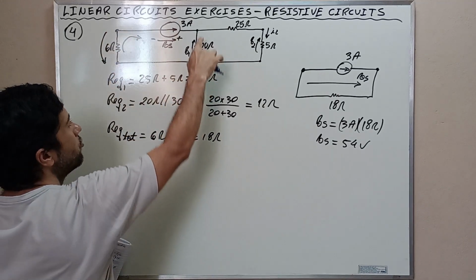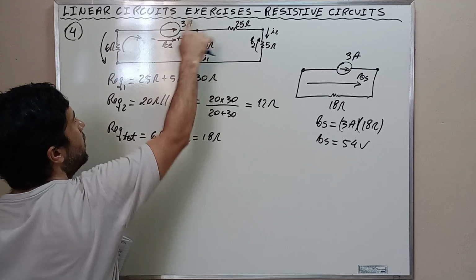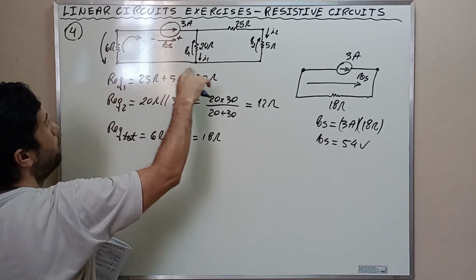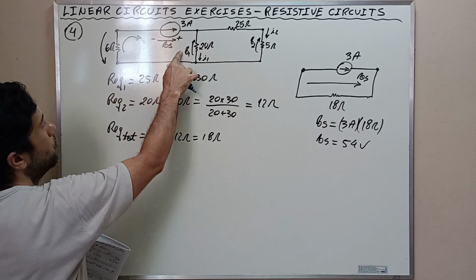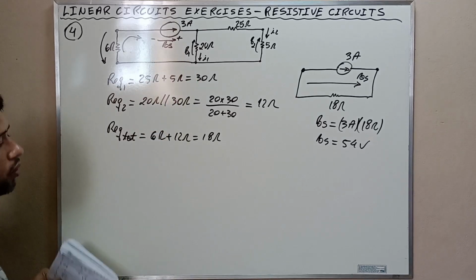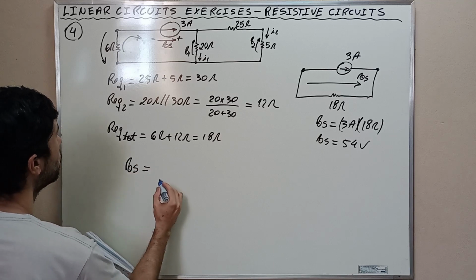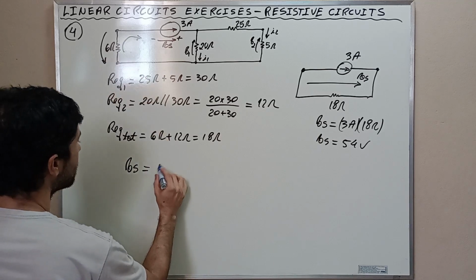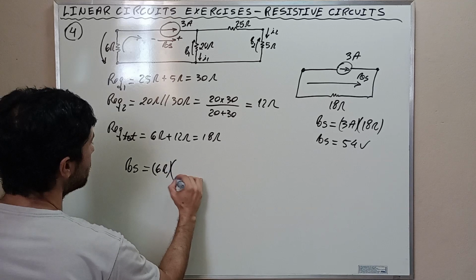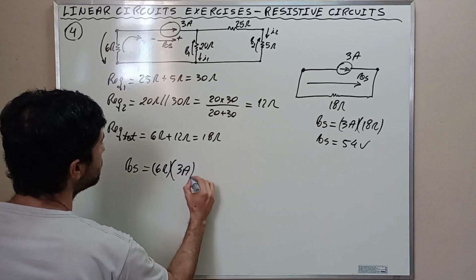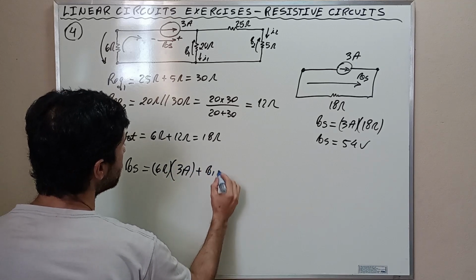From this point to this point there is a voltage drop, and this plus this is equal to Vs, okay? So what we understood is that Vs is equal to 6 ohms times 3 amps plus V1.